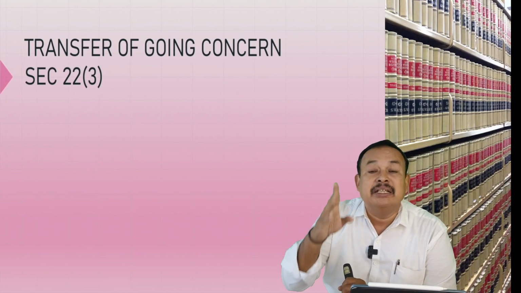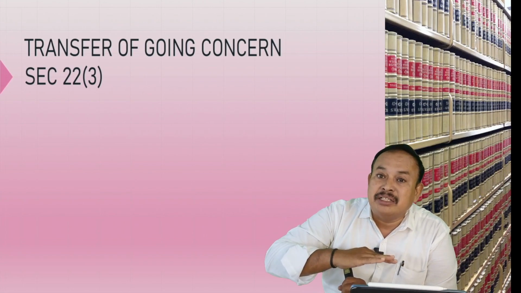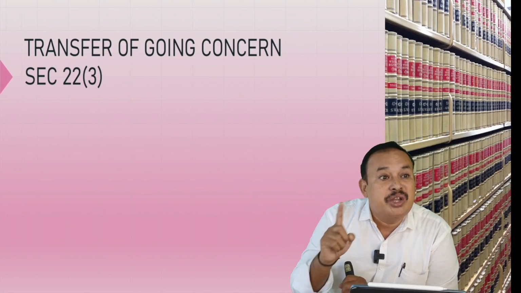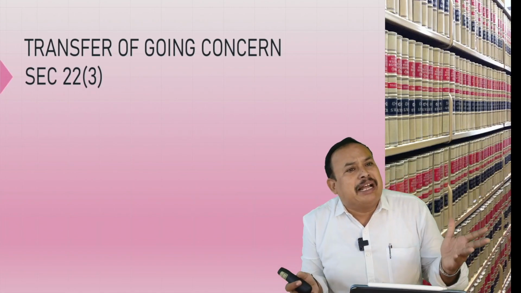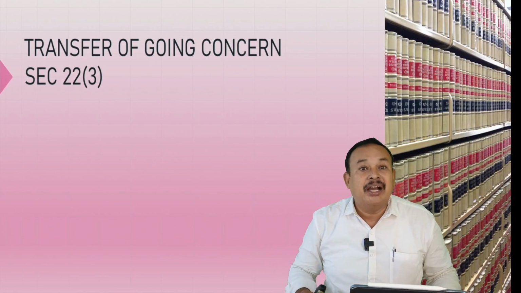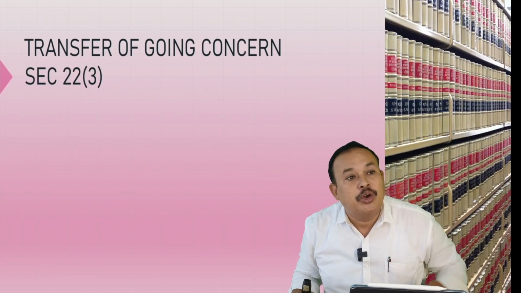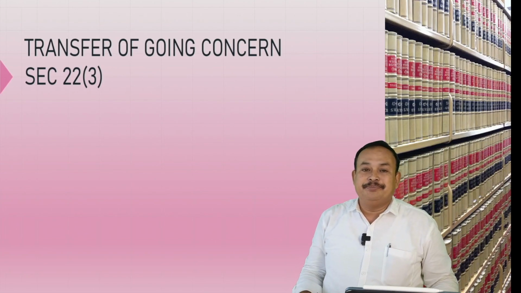Father's registration gets cancelled, he applies for cancellation, and the son applies for new registration. Mandatory for you. Son says, my turnover is 0. So what? Whose business have you acquired? A registered person's. Therefore, Mr. Son, you have to go for registration compulsorily.